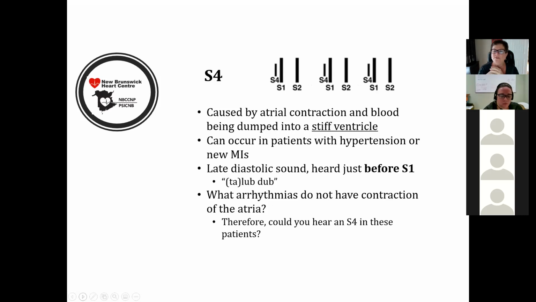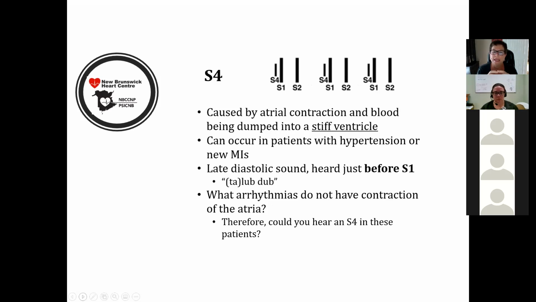And then an S4. An S4 is caused by atrial contraction into a stiff ventricle. Patients who have a stiff ventricle are those that have a new myocardial infarction and a big scar, especially anterior myocardial infarcts, or hypertension, the patient who has left ventricular hypertrophy.